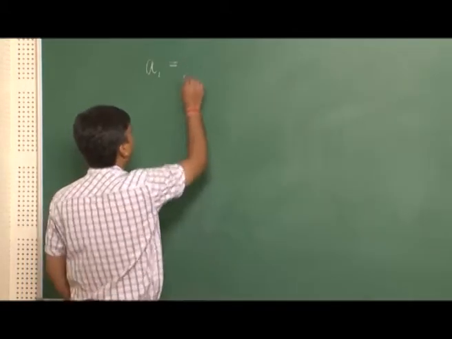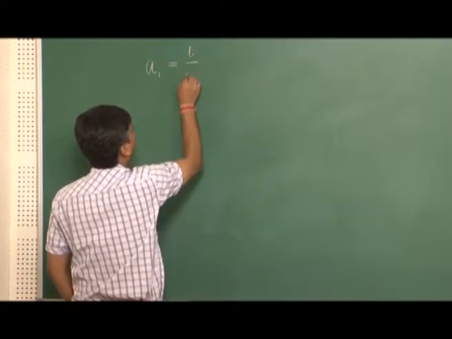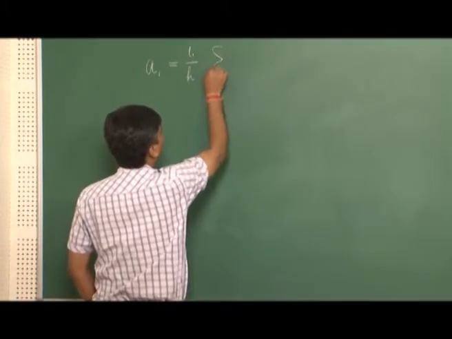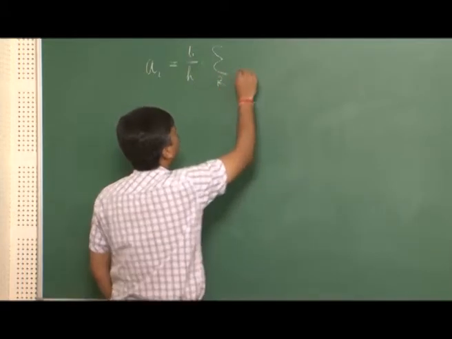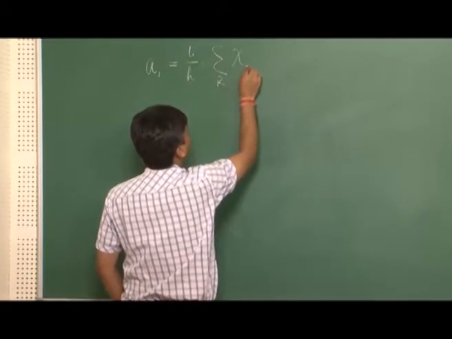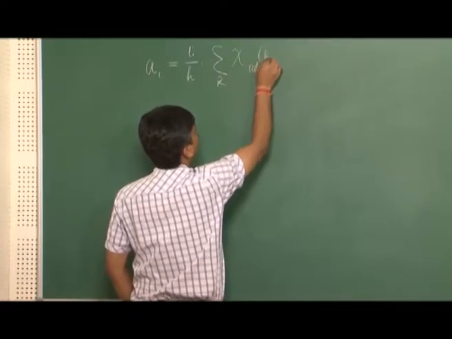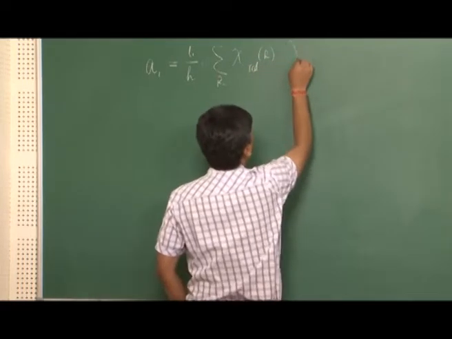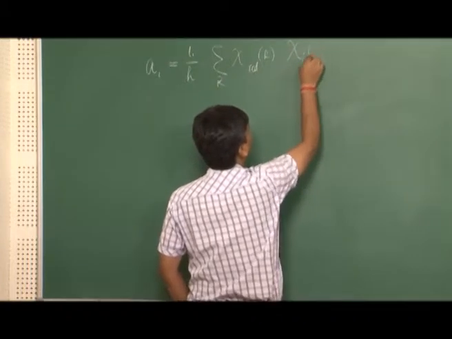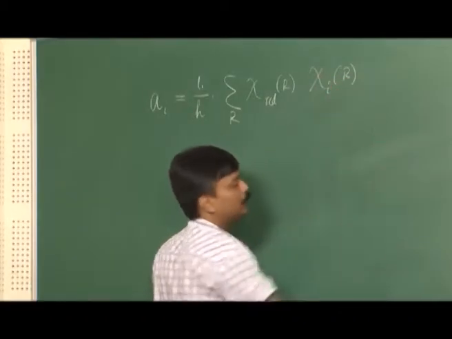So that is given by chi reducible of any given R and the particular irreducible representation that we are concerned with, right?